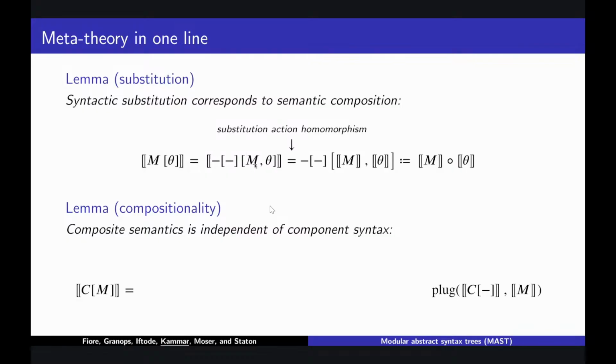The semantics is the substitution action homomorphism, so it preserves substitution. And the substitution on the semantic side is just composition. So now this is not even boring, I think, and it's just one line. Any questions about this? This is kind of the point.